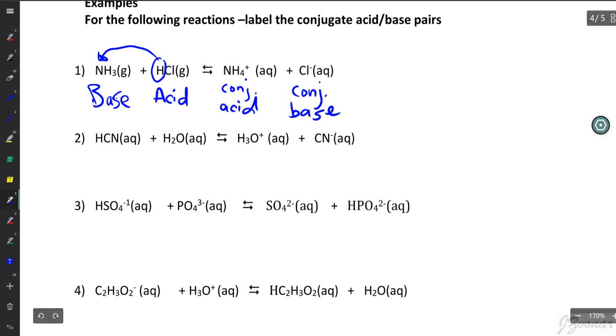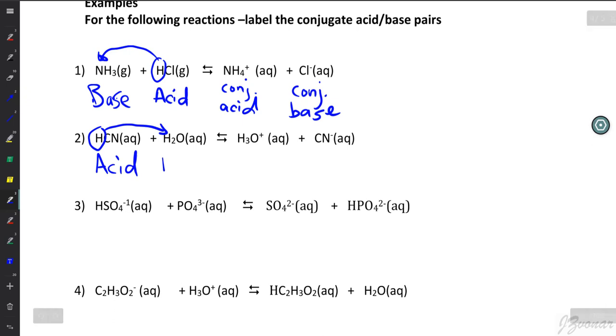All right, looking at my next example, we're looking to see which one is giving up. Both of them do contain hydrogen, but we see that HCN on the product side has lost it. So therefore this is being donated to the water. So here, this is my acid by definition because it's donating the hydrogen ion.